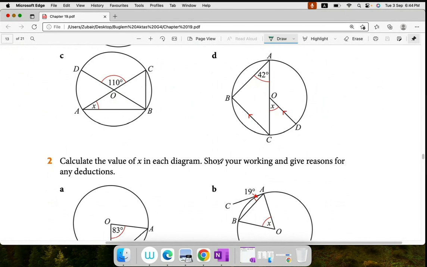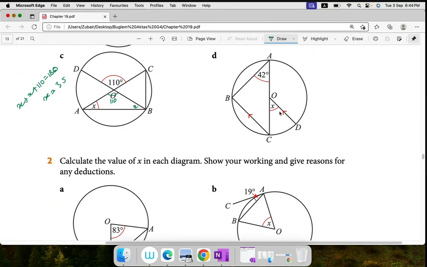That's right. 110 comes down here, vertically opposite, and these two are x. Plus x plus 110 is equal to 180. X is equal to 35.